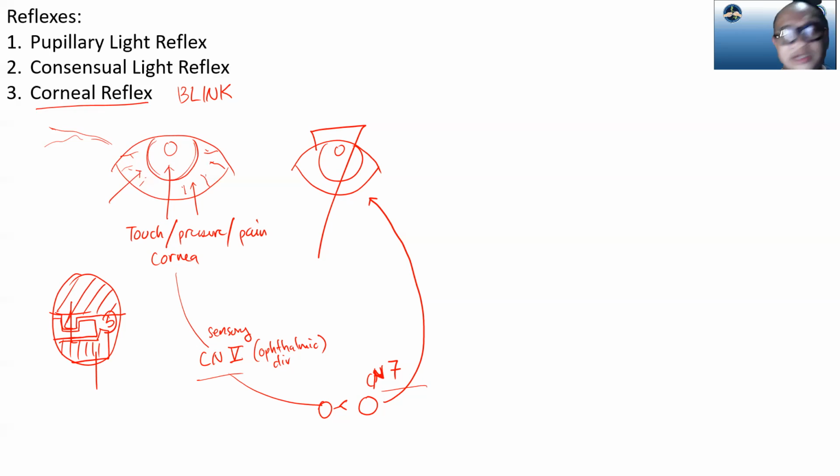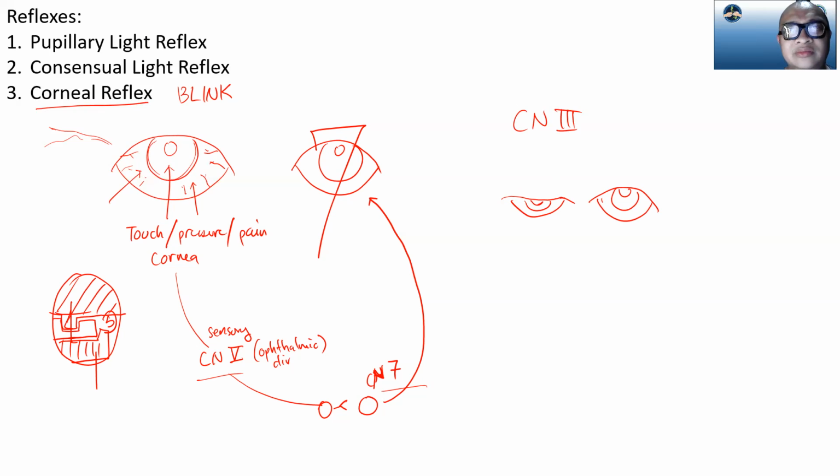Of course, one more thing before we leave. Again, we're going to talk about cranial nerve 3. It's your eyelid. Sometimes you see a person like that. One eye is drooping.